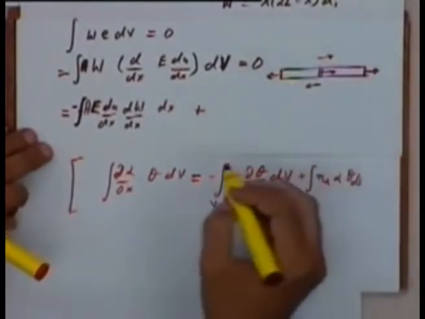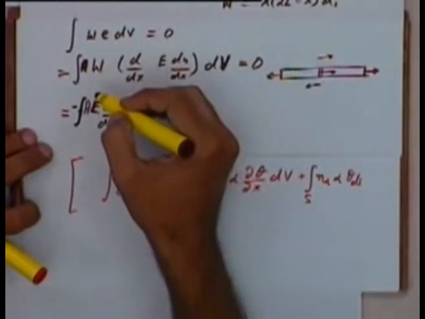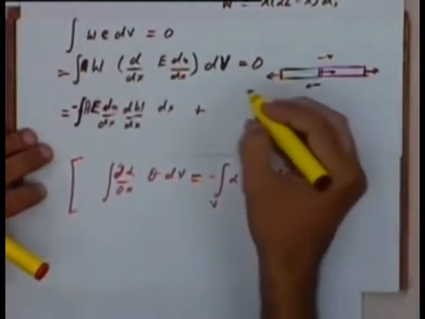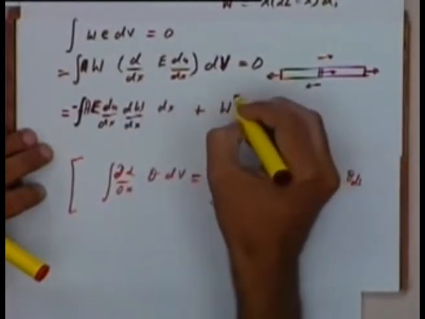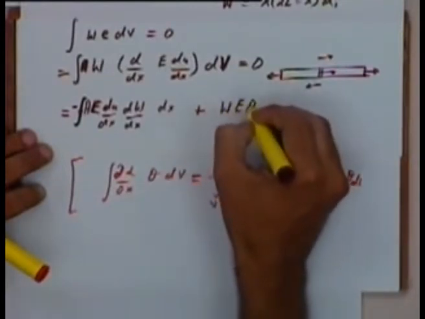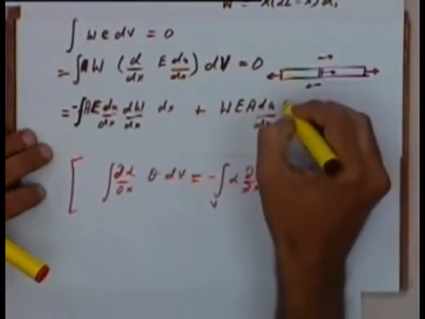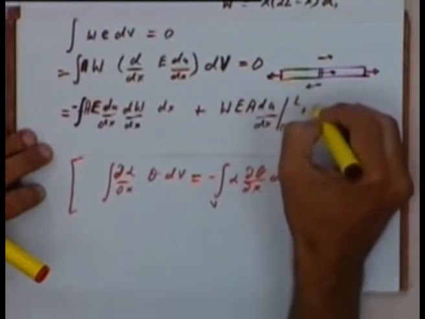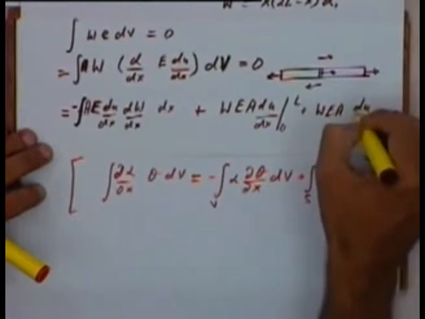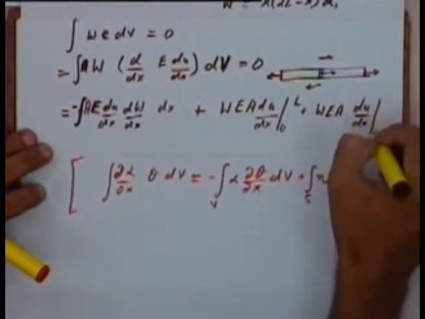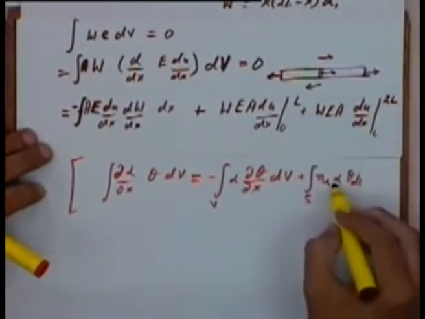The normal is either in the plus x or minus x direction. So this you can check would simplify to W E A du by dx from 0 to L plus W E A du by dx from L to 2L. You can just verify this.